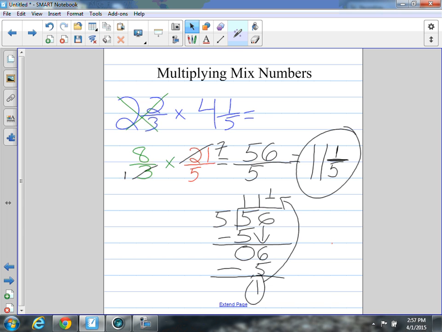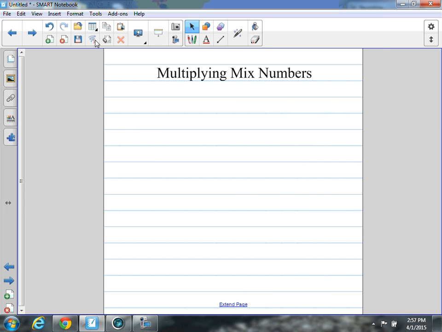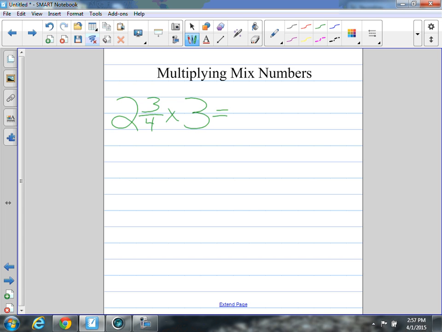One more I'm going to show you. And this one, I won't make it too hard. 2 3/4 times 3 whole. Now, on this one, there are 2 methods we can use.